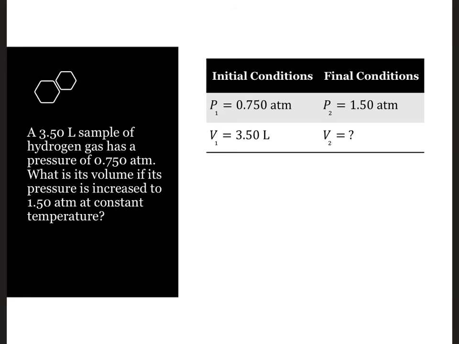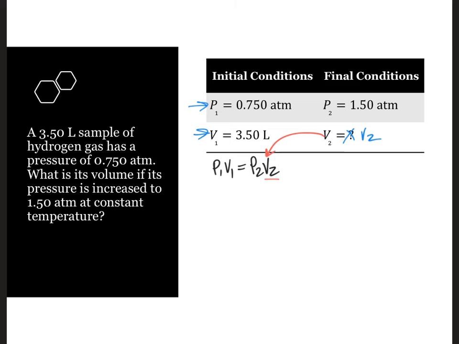A 3.50 liter sample of hydrogen gas has a pressure of 0.750 atm. I want you to stop right there and start labeling quantities with their respective variables, as I've done in the table shown. Next, we're looking for the volume, V2, when the pressure is doubled to 1.50 atm at constant temperature.